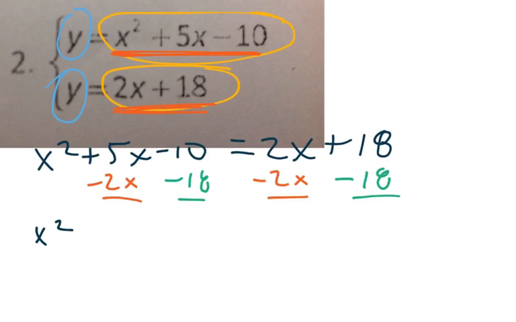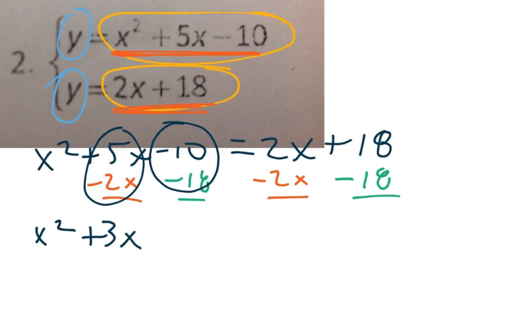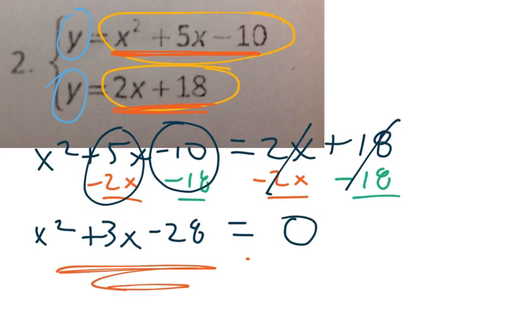We have x squared. 5 minus 2 is 3x. The negative 10, negative 18 is negative 28, equal to, over here we made a 0, we made another 0, so it equals 0. So we have now a quadratic equal to 0, and we're now able to solve it.